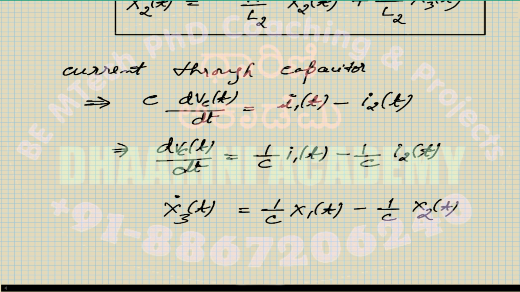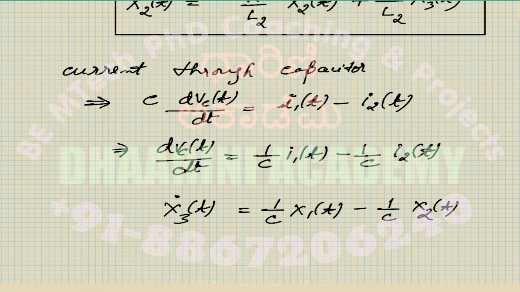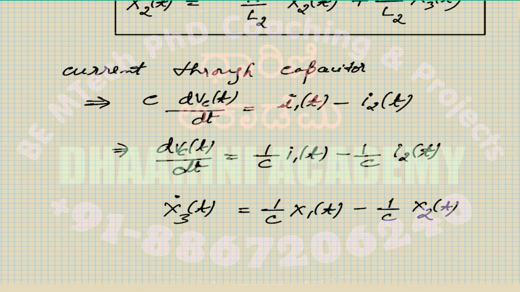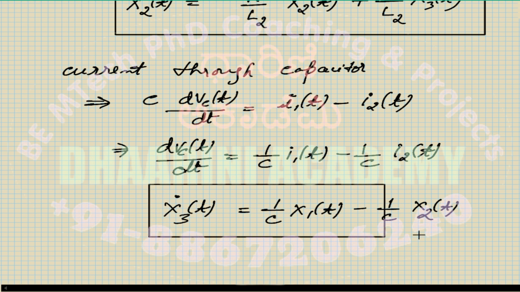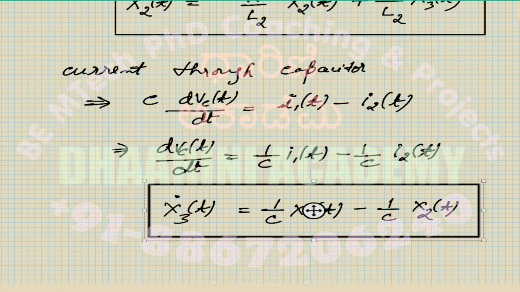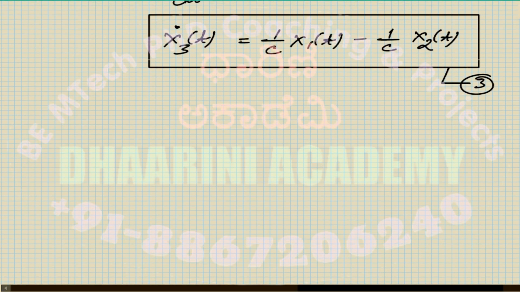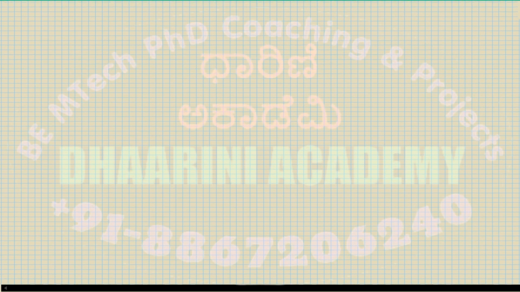So we observe that the third equation does not depend upon the input, right? Even though the second equation does not depend on it either, the first equation depends on the input, correct? So we can use equation number 1, equation number 2, and this equation number 3 to write the equation corresponding to the states, right?